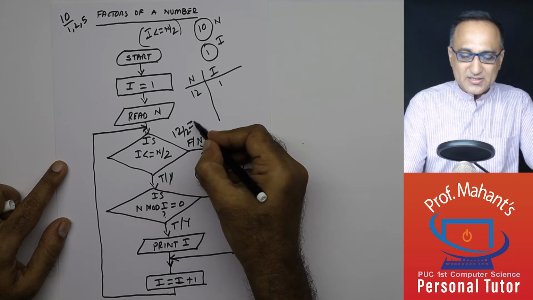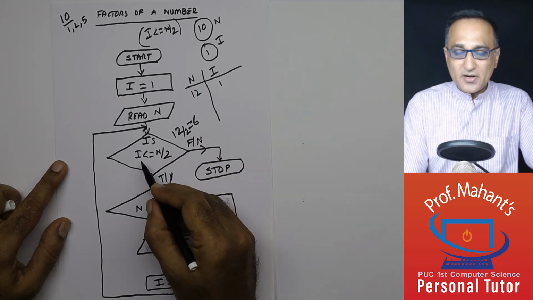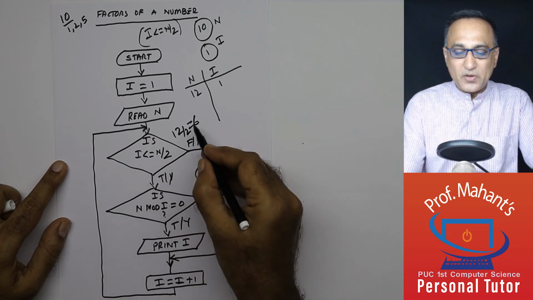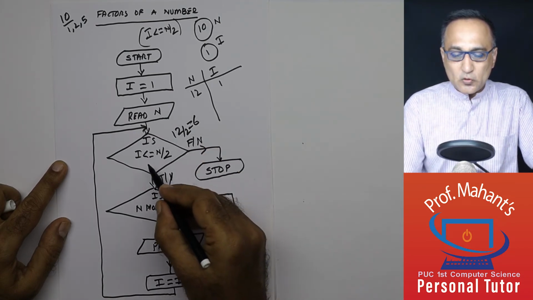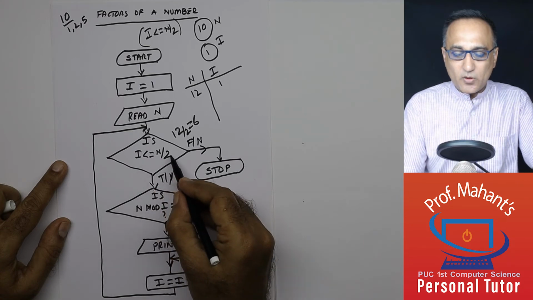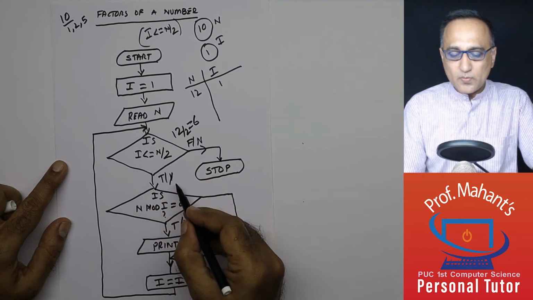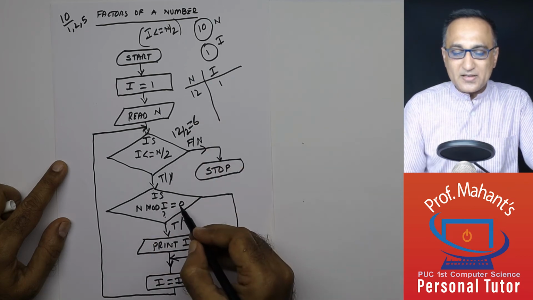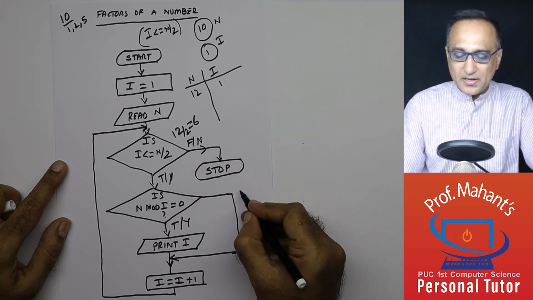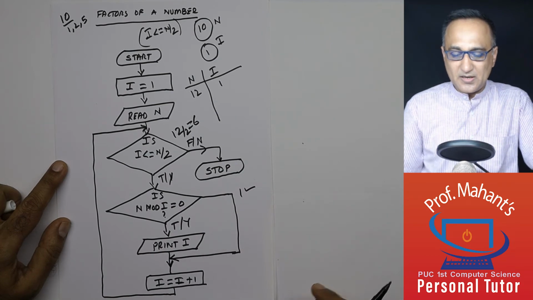So 12 by 2 is 6. As long as the value of i is between 1 and 6, I am going to divide 12 by i. So 1 is less than or equal to 6. This is true. Then what I am doing is 12 mod 1, the remainder is 0, true. So I am printing 1 on the output screen.